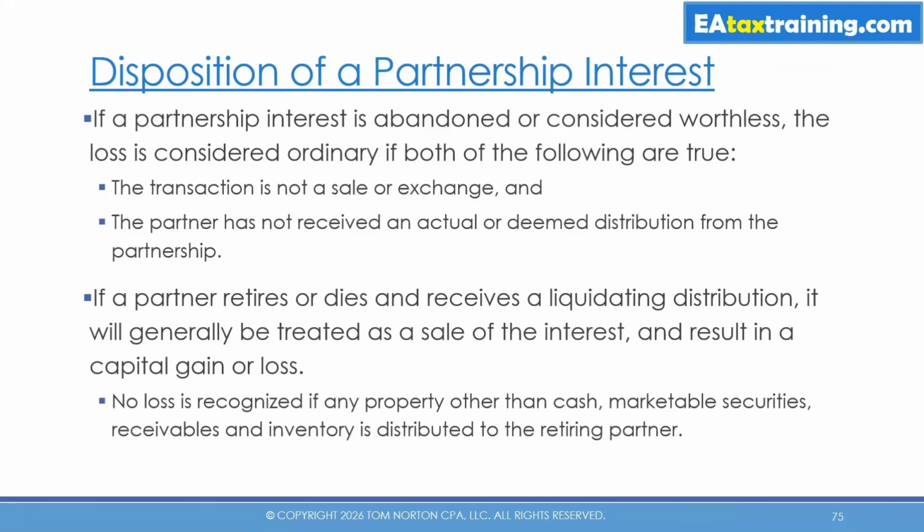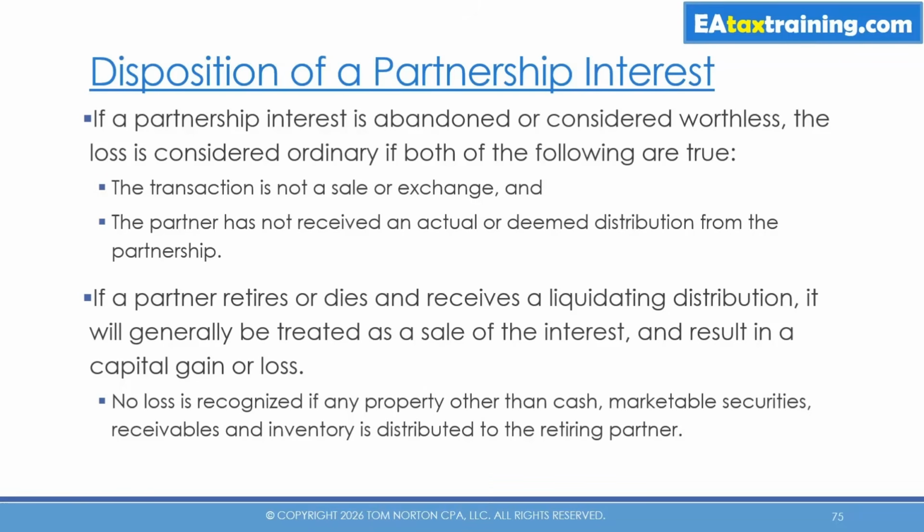If a partnership interest is abandoned or considered worthless, then the loss is considered ordinary as long as both of the following are true. First, the transaction is not a sale or exchange. And secondly, the partner has not received an actual or deemed distribution from the partnership. So what we're talking about here is when business has just gone bad, they're actually going out of business. The partnership has failed.